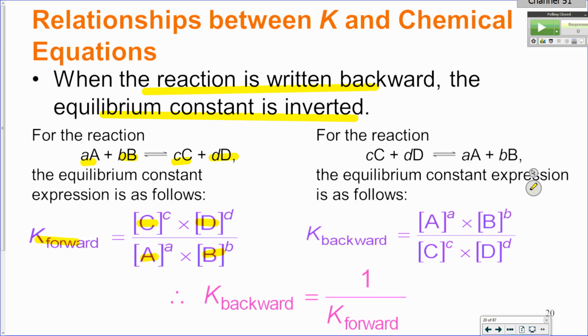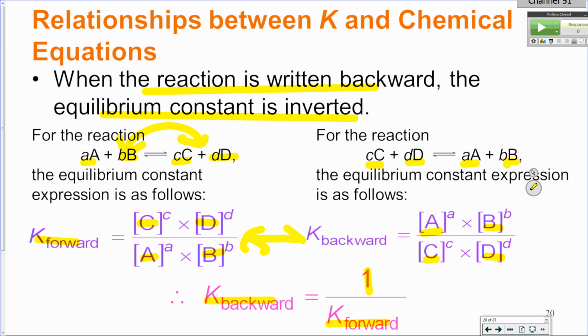If I were to reverse this reaction, C plus D yields A plus B, now it would be products over reactants again. A and B are now products, and C and D are reactants. But the relationship between these is that K backwards equals the inverse of K forwards.